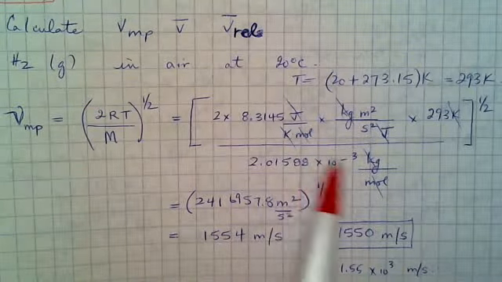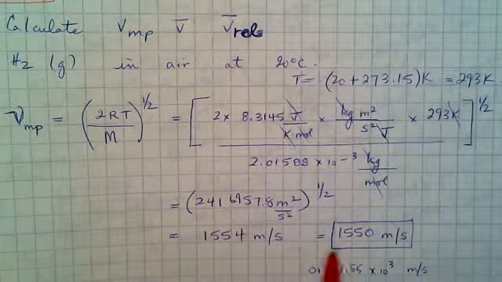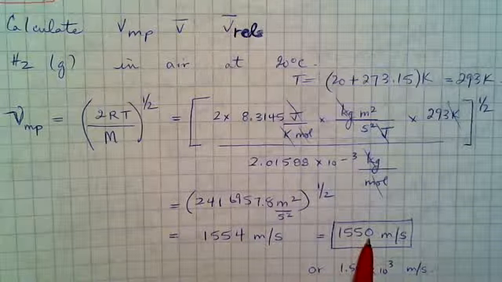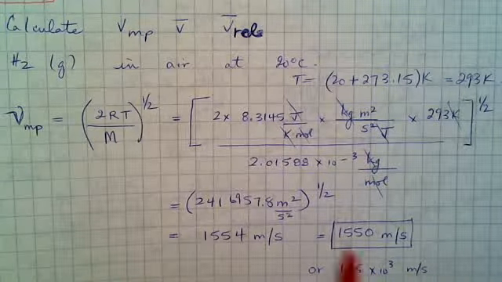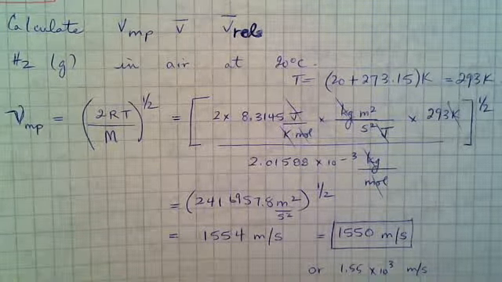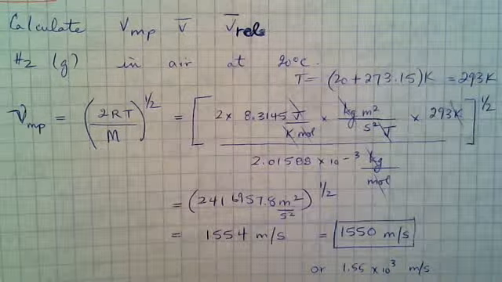It's very clear how all the units cancel, and that's what you're aiming for. Trimming it back to 3 significant figures, you could either write it as 1550, because the 0 is not significant, meters per second, or 1.55 times 10 to the 3 meters per second. So that's the most probable.